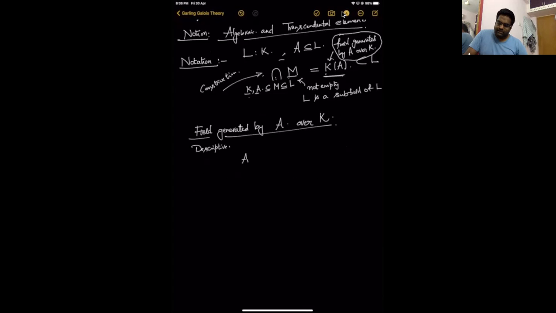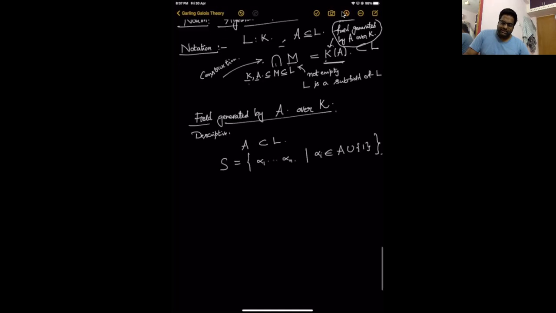You have A sitting inside L, and consider the set S consisting of all finite products of elements alpha_i, where alpha_i belongs to either A or 1. So S consists of all these elements, and let V be the K vector space generated by S.